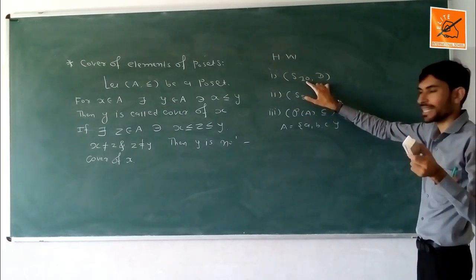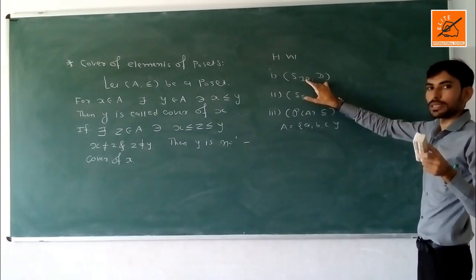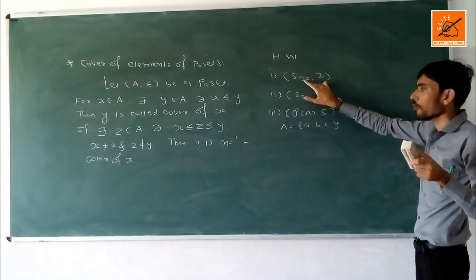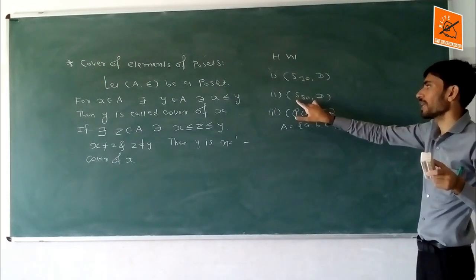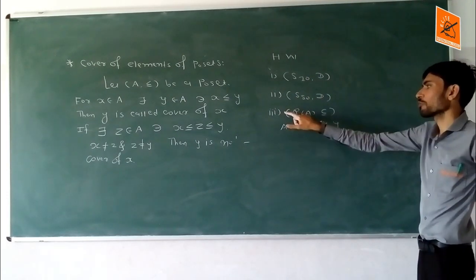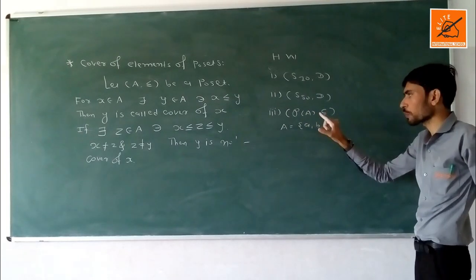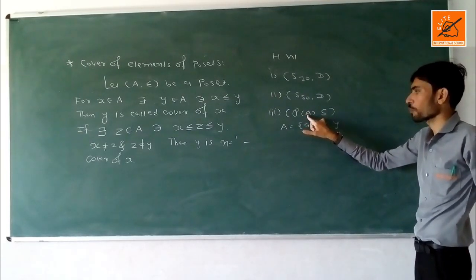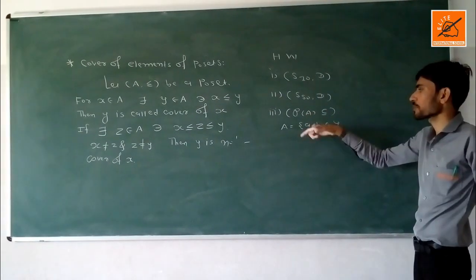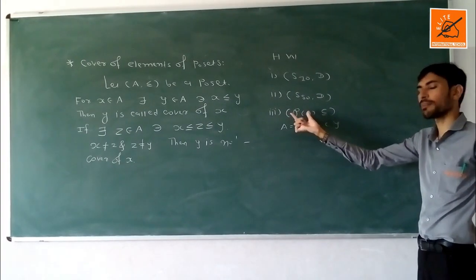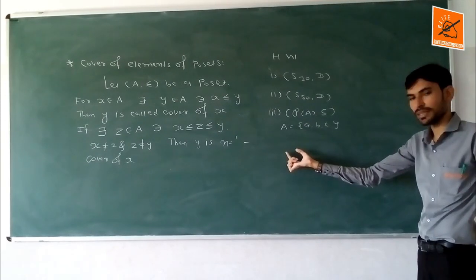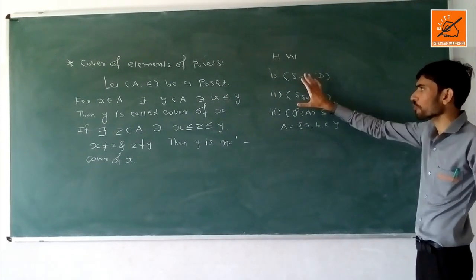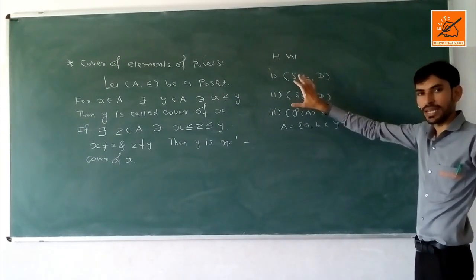First of all write the set S10, the set of all factors of 10: 1, 2, 5, 10, and try to find the cover of each element. Similarly S50 with division. Now the third one is the power set of A, so first of all find the power set of A, which is nothing but the collection of all subsets. Example 3 is similar to what we saw earlier. So try to find these three as homework.